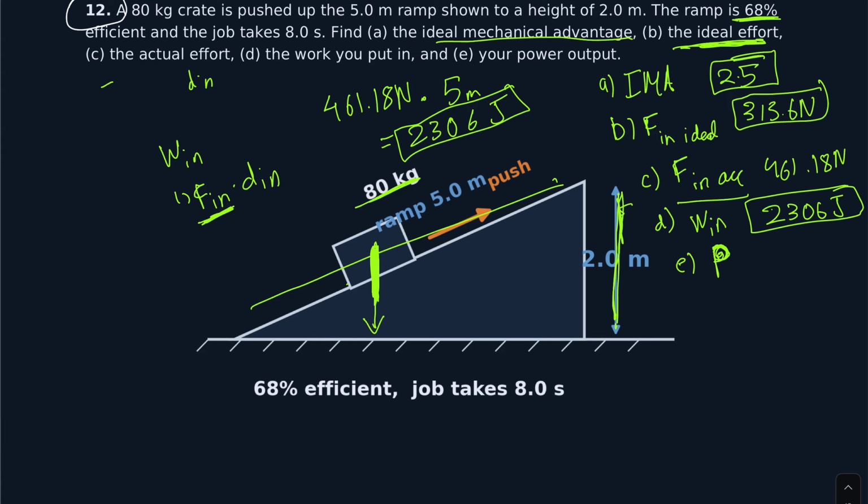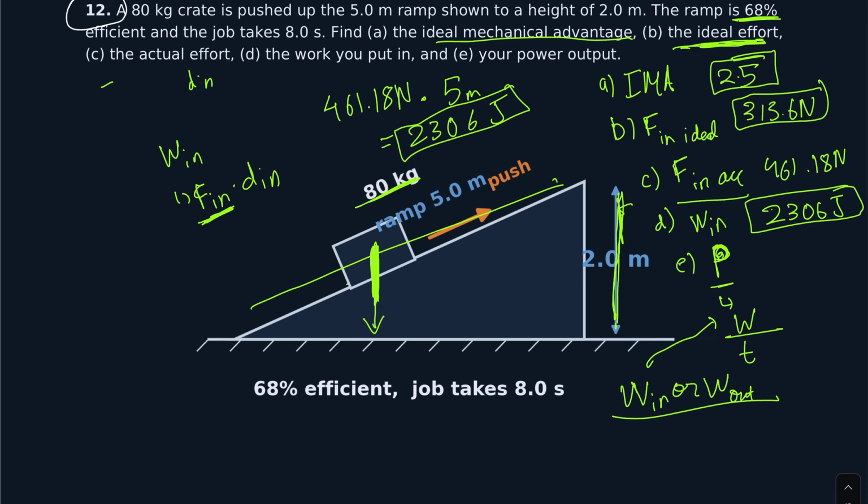Okay. What's our power going to be? Our work over our time. Now you might be like, well, what work? Work in over time or work out? The thing is, they're both the same, right? So it doesn't matter because work in has to be equal to work out, because that's what conservation of energy says, right? Your initial is equal to your final. So work in, we can use that here.